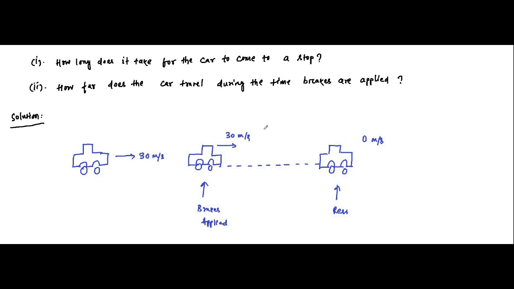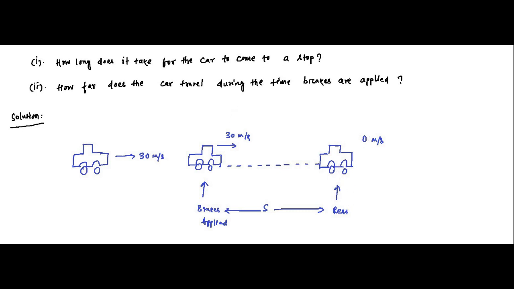Now it has been asked to find this distance which the car traveled from the instant the brakes were applied. The brakes were applied at this point, it started decelerating and slowing down, and it came to rest here.